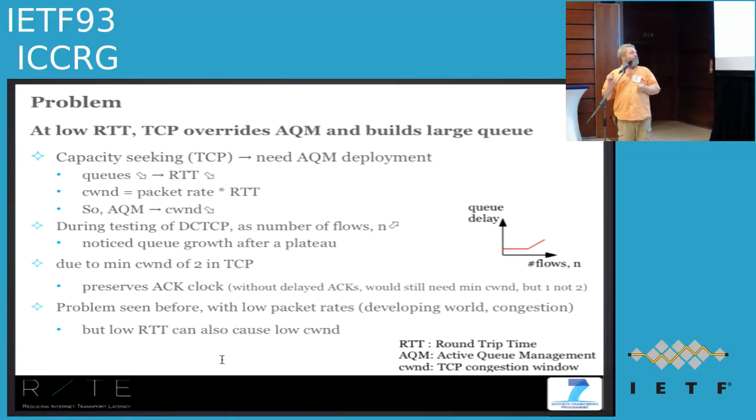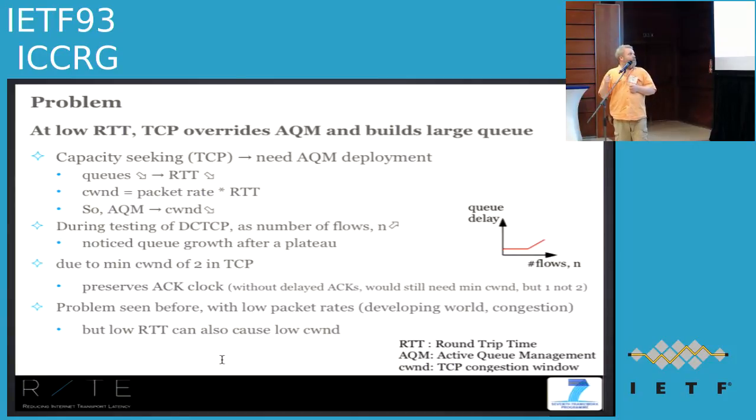And once you have those in place in deployment, and you've got your shorter queues, obviously you'll have shorter round trip times, because queues are part of the round trip time. And the congestion window that TCP works on is the packet rate times the round trip time. So if you make the round trip time smaller, the congestion window will be smaller. Yeah? Right? Therefore, AQM makes the congestion window smaller.